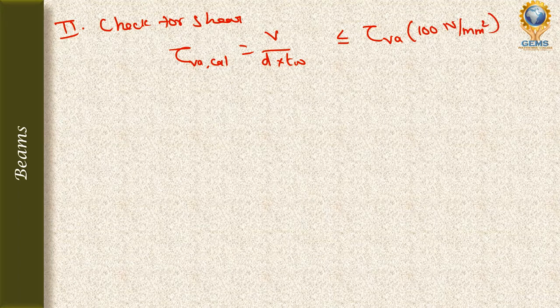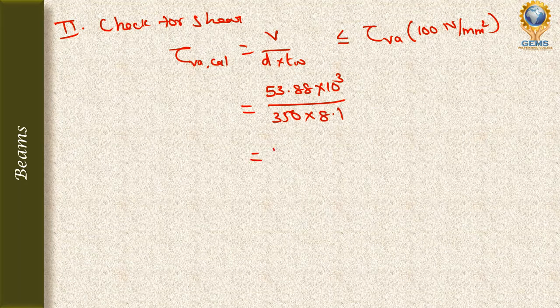V is 53.88 into 10 to the power 3, by D, which is 350, into the thickness of the web, given in the question as 8.1.